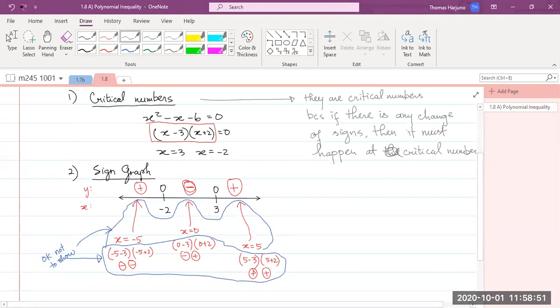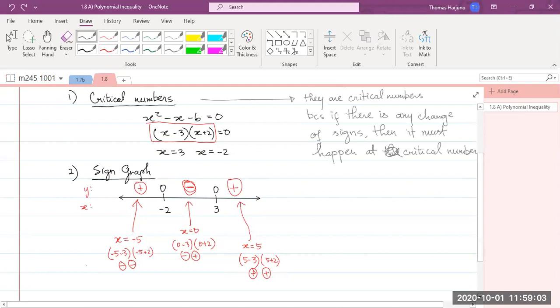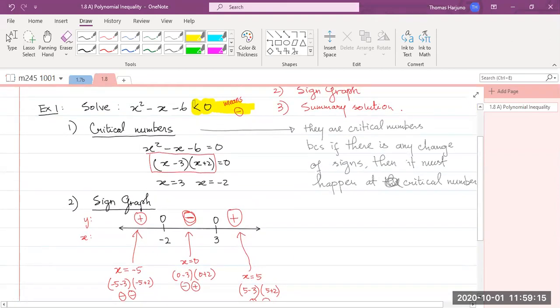Now once we get the plus or minus for each interval, then I go on summarizing it. We need the negative part, right? The solution will be the negative part. Do we include 0 or not? Not including 0, right?